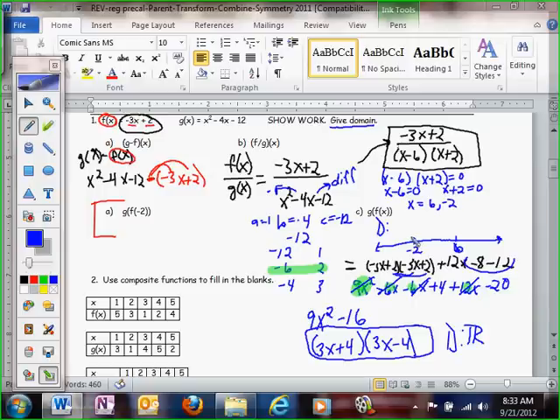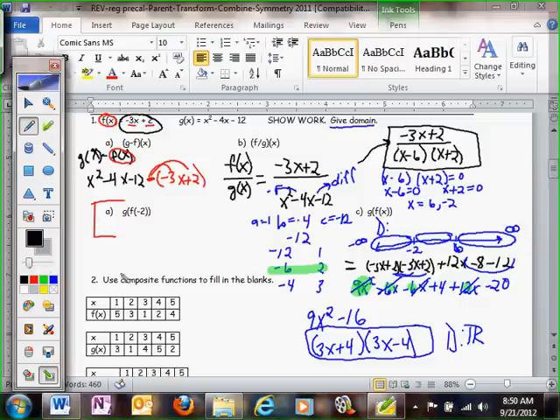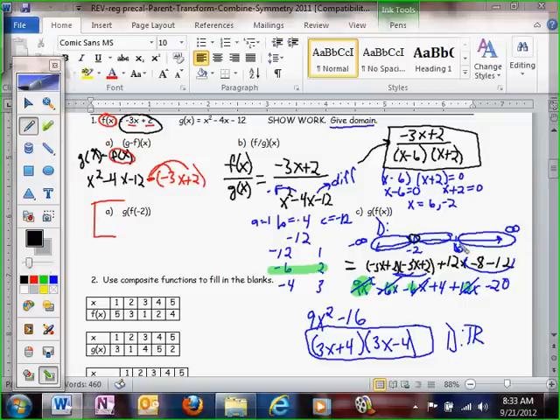So that means that x can be any number to the left of -2 all the way out to -infinity. X can be any number in between -2 and 6. And x can be any number from 6 all the way out to +infinity. Now, the numbers that x cannot be are these values, -2 and +6.